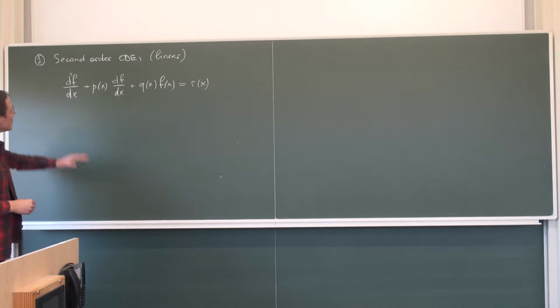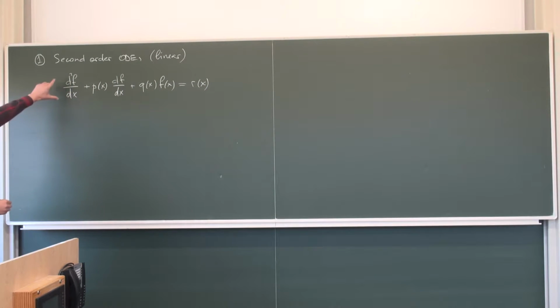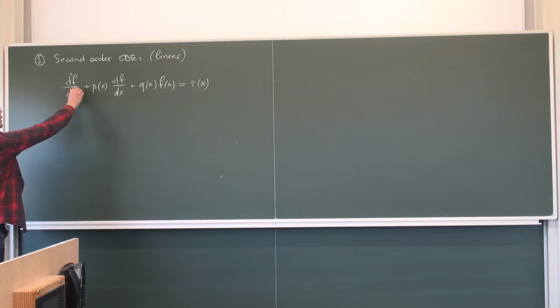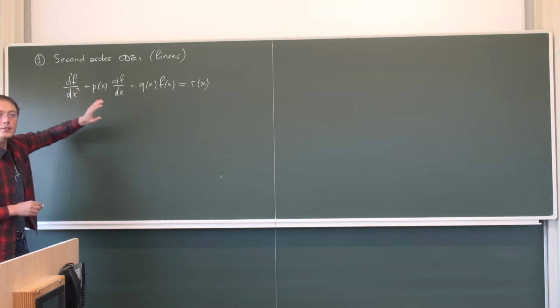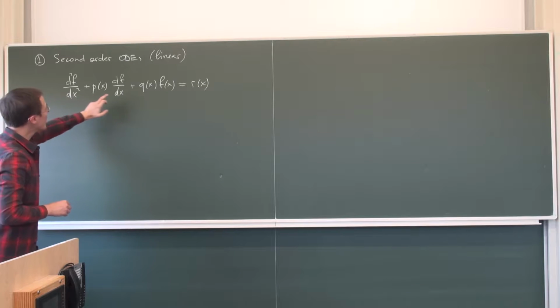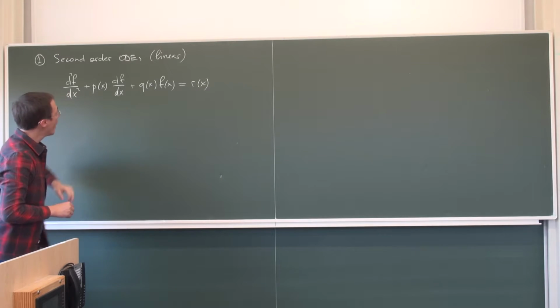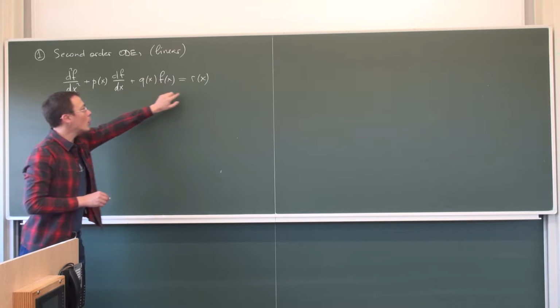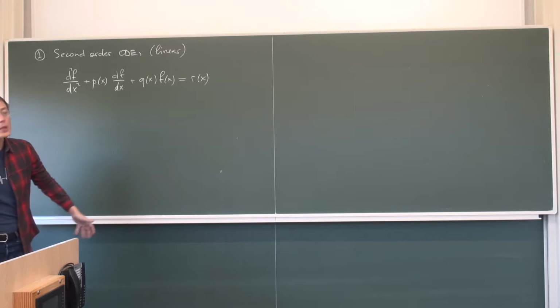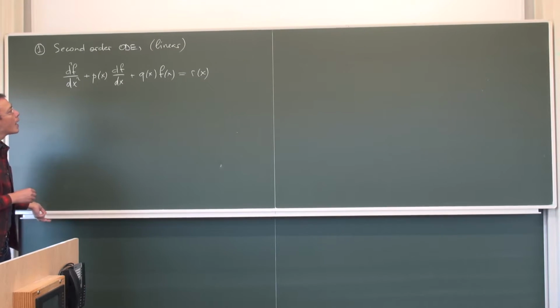This is second order because the highest derivative is the second derivative. It is linear because all instances of the function f itself and its derivatives enter linearly. However, the three functions p, q, and r can vary between instances of the equations.